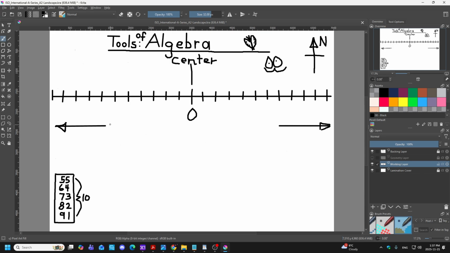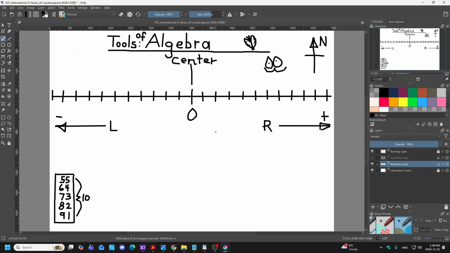So this is left, this is right, and these are all our positive. And here, negative. From center 0, all positive values go to the right. From center 0, all negative integer values go to the left.